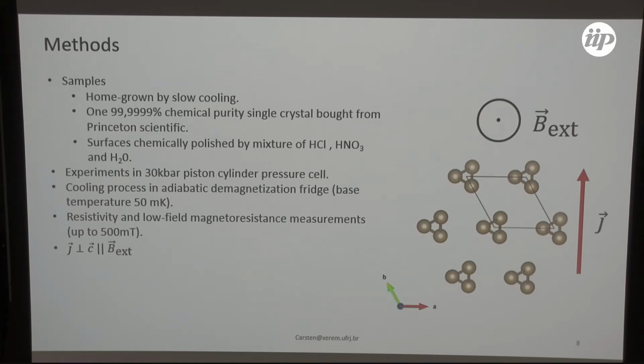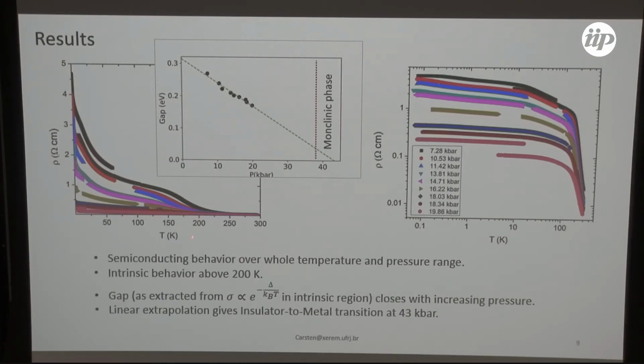Here you can see the resistivity curves, and you can see that up to 20 kilobar you have semiconducting behavior. Obviously these are extrinsic curves, but we have very few vacancies. They are quite good.